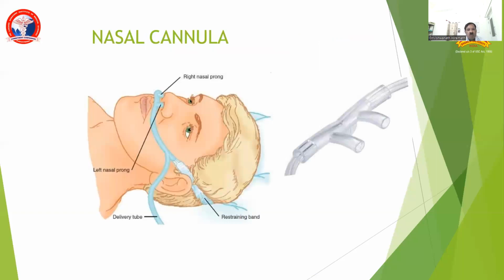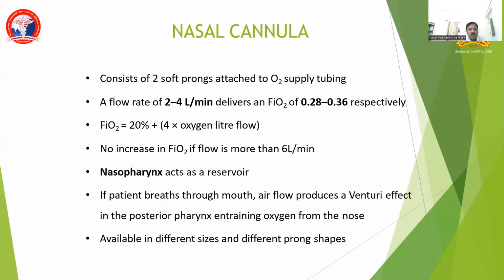The nasal cannula involves small protruding tubes from the main delivery tube, consisting of 2 soft prongs attached to oxygen supply tubing.